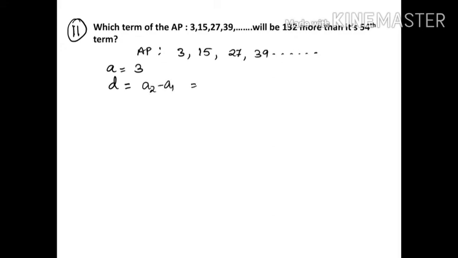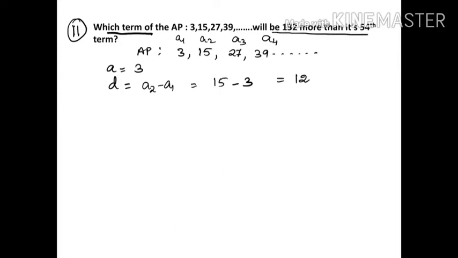The second term is 15 minus first term, that is 3. So we get 12. Now we have to find which term of the AP will be 132 more than its 54th term.